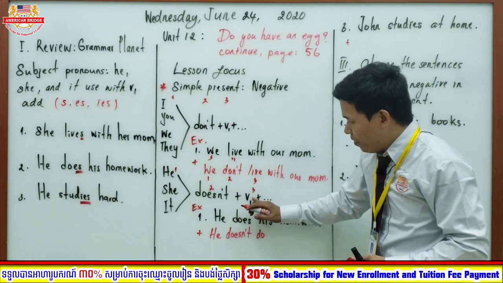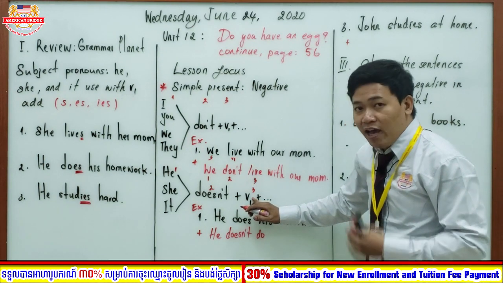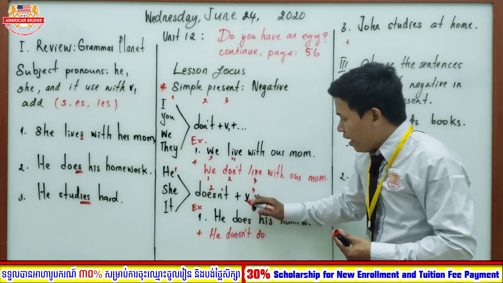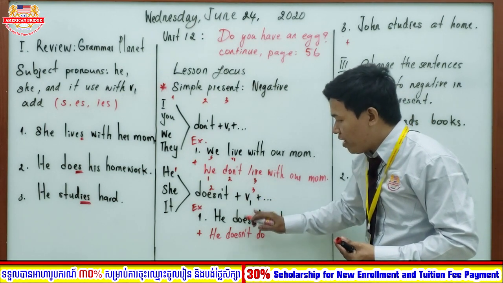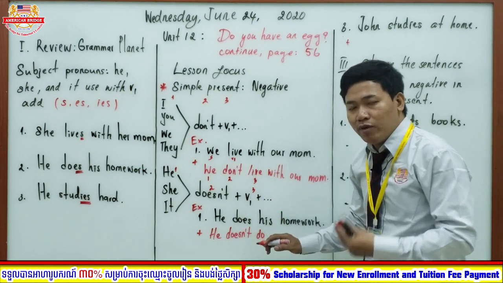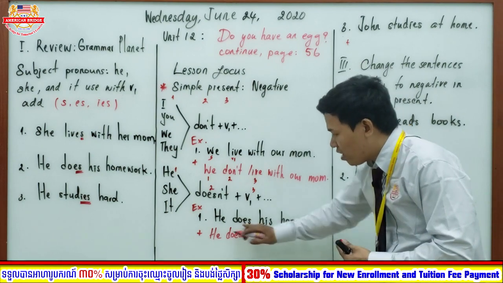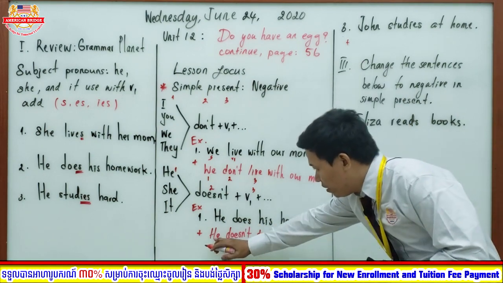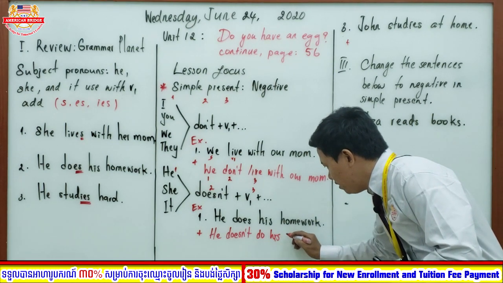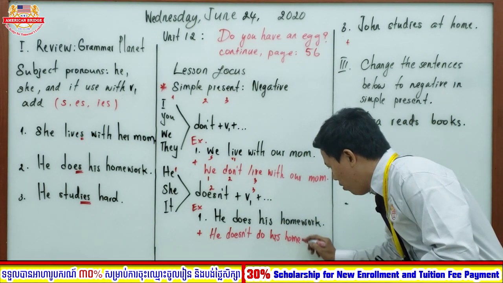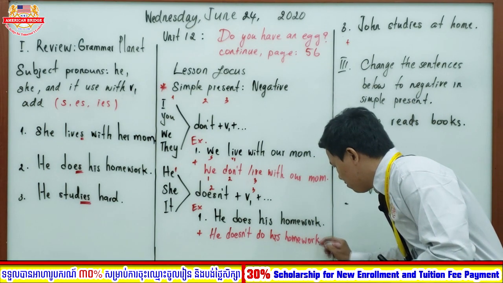Because look at the form: I haven't written down add s, es or ies here. It means I put only verb 1, so the original verb is the verb do. You need to write do, not does, right? So look at this: He doesn't do his homework. Great.